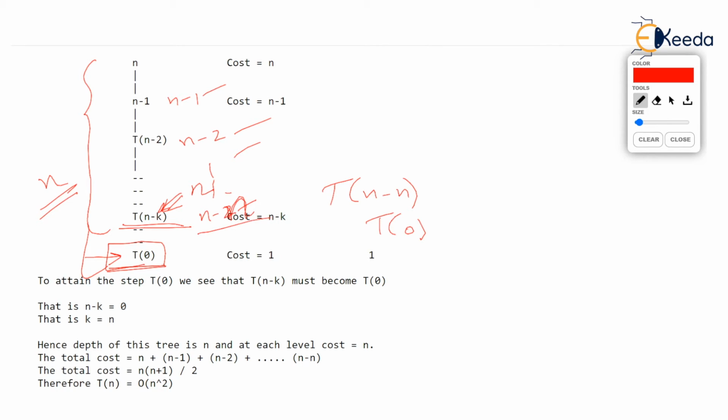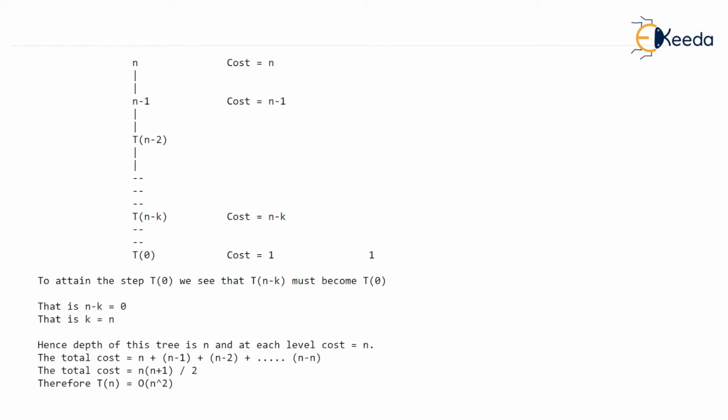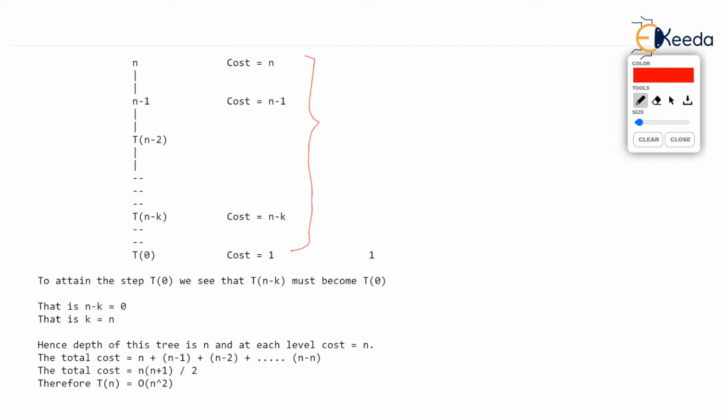So the number of levels in this tree is surely n. The cost at the first level is n, the cost at the next level is n minus 1, next level is n minus 2, and at the last level the cost will be 1. Observe, the cost is 1 at the last level. Just check the cost at each level. And how many such levels are there? The number of levels is n.